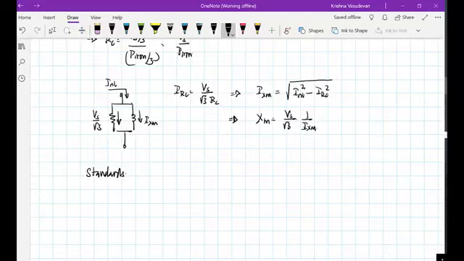But the approach that we have shown here can be referred to from the book by Hindmarsh, which is Electric Machines and Their Applications.